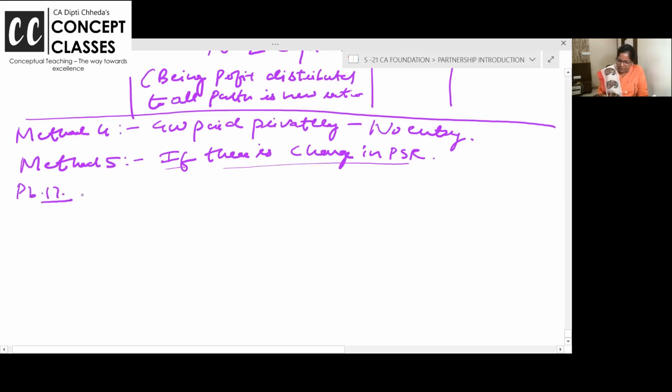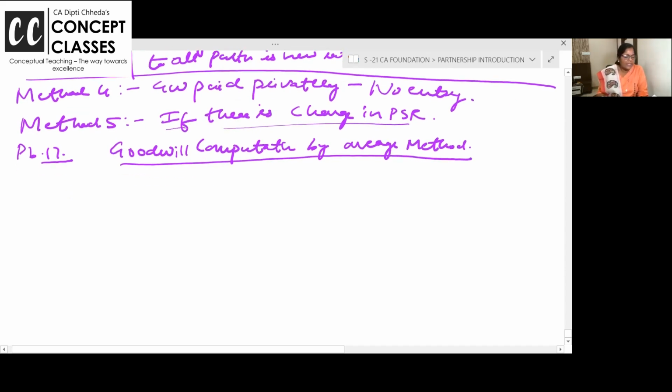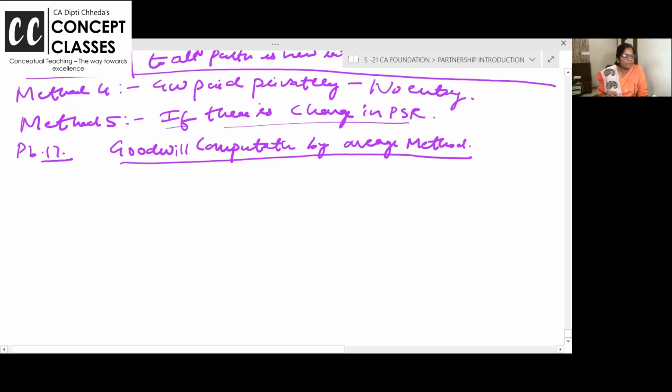Problem number 17. First, let us calculate amount of goodwill. Goodwill computation by average method. टोटल प्रॉफिट कितना आ रहा है 5 years का?